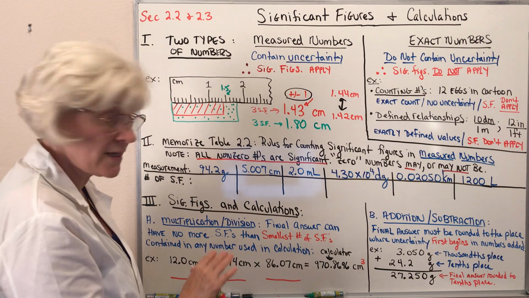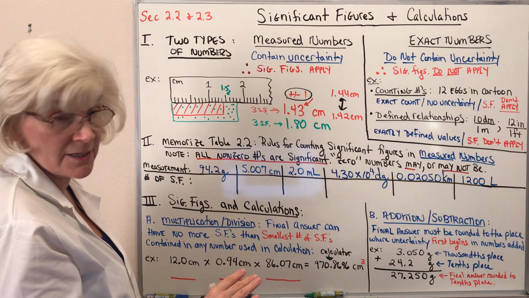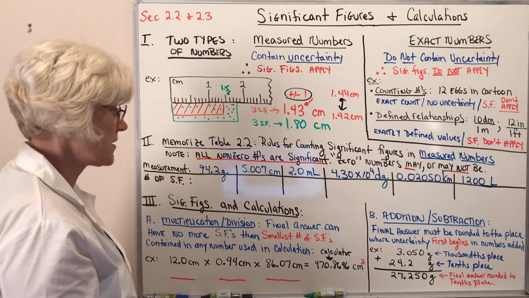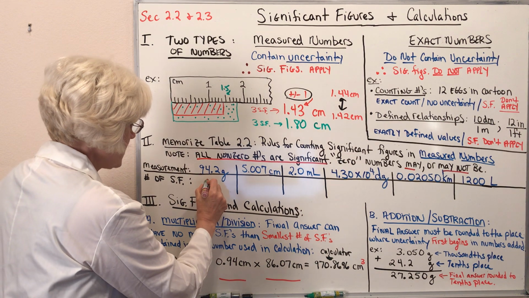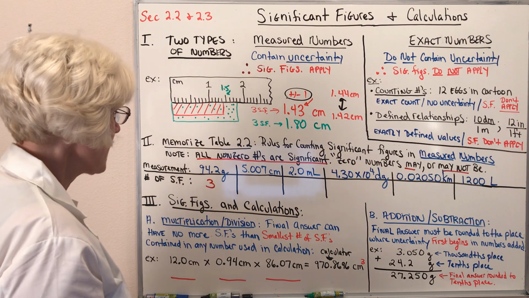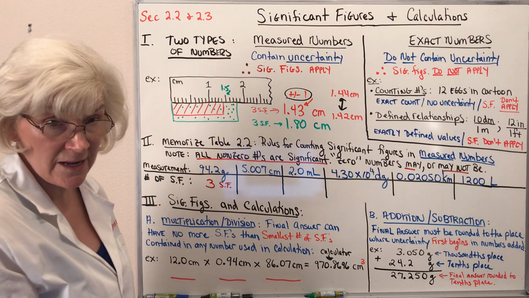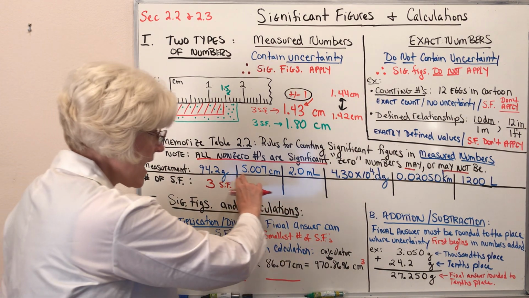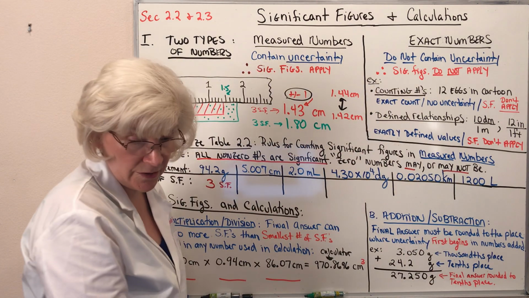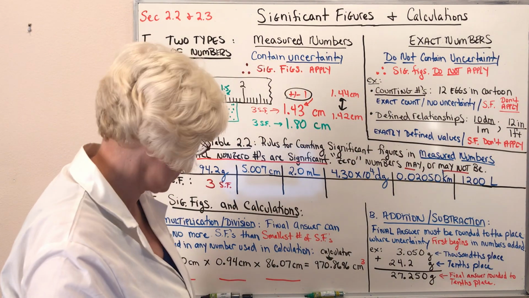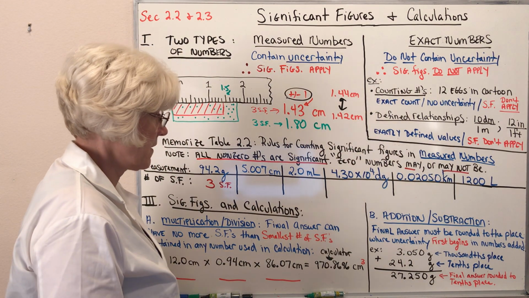Our first measurement has 3 non-zero numbers. All non-zero numbers are significant, so the number of significant figures in this first measurement is 3. And now all the remaining values are numbers that have zeros associated with them.